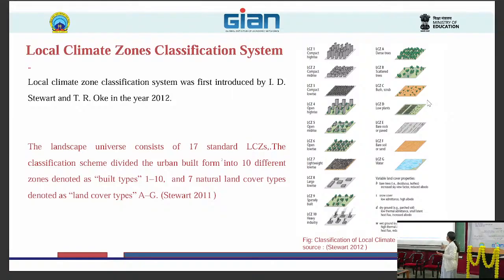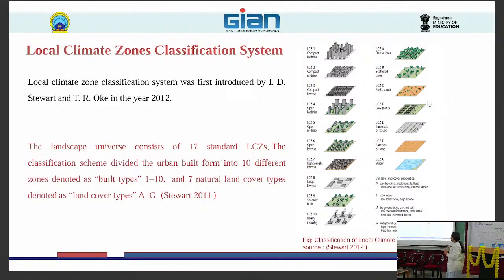So this is the basic classification, in which 17 standard local climate zones are classified. You can see there are compact high rises. In India these are very few. Maybe in Mumbai, or now in Bangalore and Hyderabad, you will find some core or CBD areas with compact high rises.